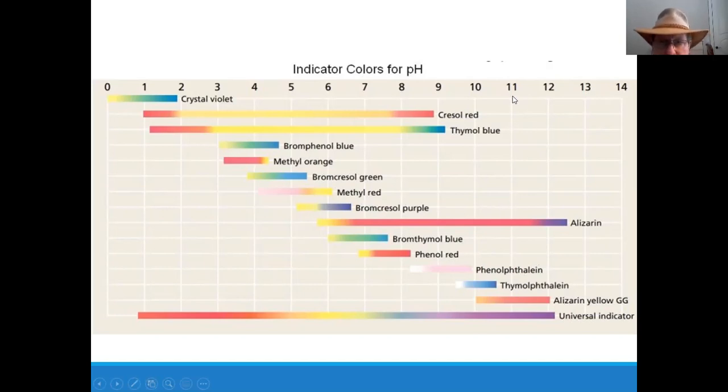Understand these colors continue on that way. So if my methyl red is greater than 6.1, it's going to be yellow. If it's less than 5, it's going to be pinkish. So if it's at 11, what color is the methyl red? Yellow. So the methyl red really did nothing for you, did it?